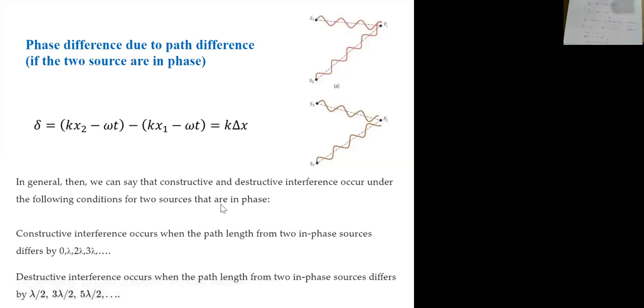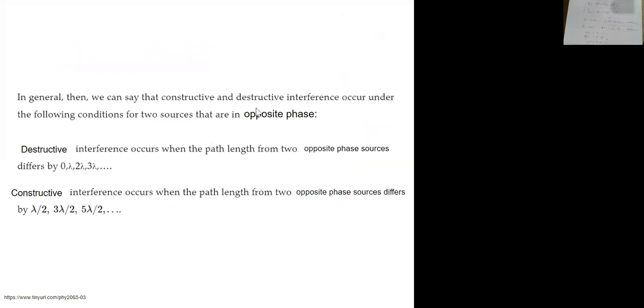That's because that's when the two sources are in phase. So that means initially when they start, the sources are in the same phase. There's no phase difference. However, if the two waves coming out from two sources originally have opposite phases, that means they were originally off by a pi or 180 degrees. Then the conditions are flipped.